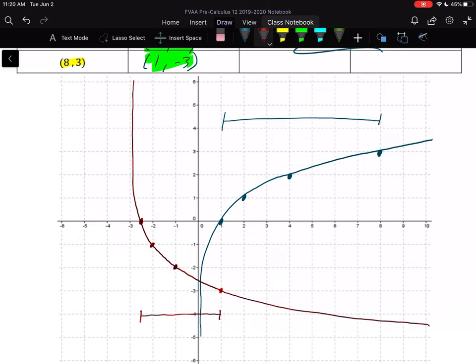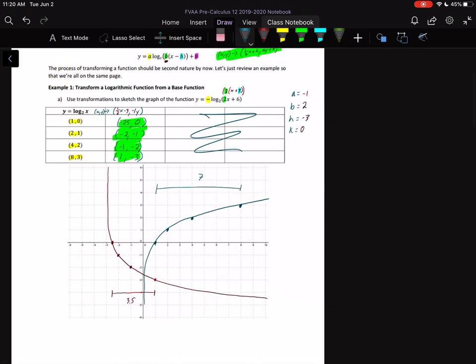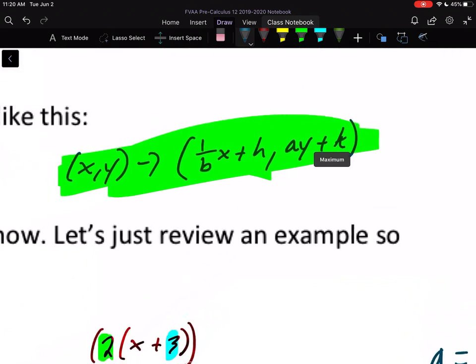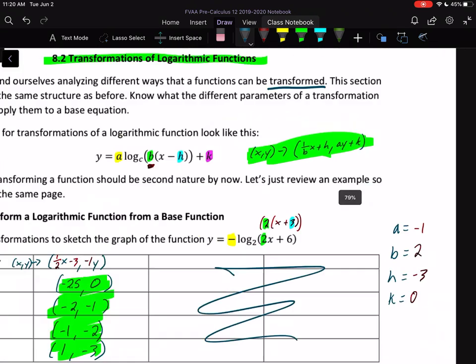So I can see that I had a domain of 7, and I've gone to a domain of 3.5 here, which you would expect with a b value of 2, right? A horizontal stretch of 1 over b, or 1/2.